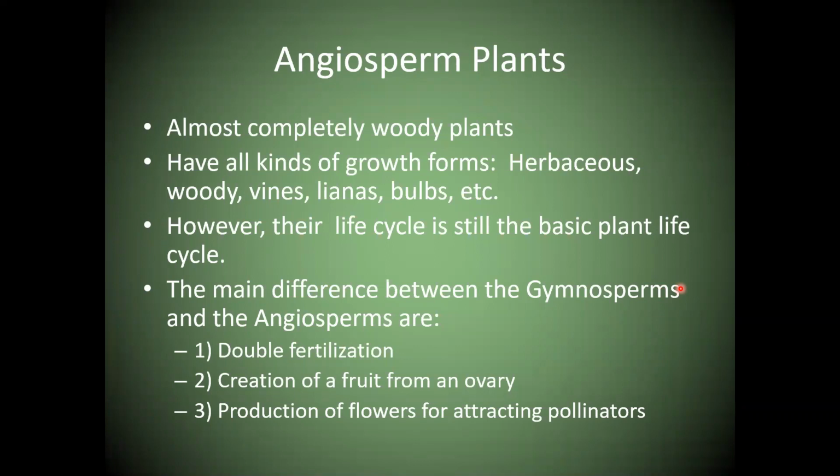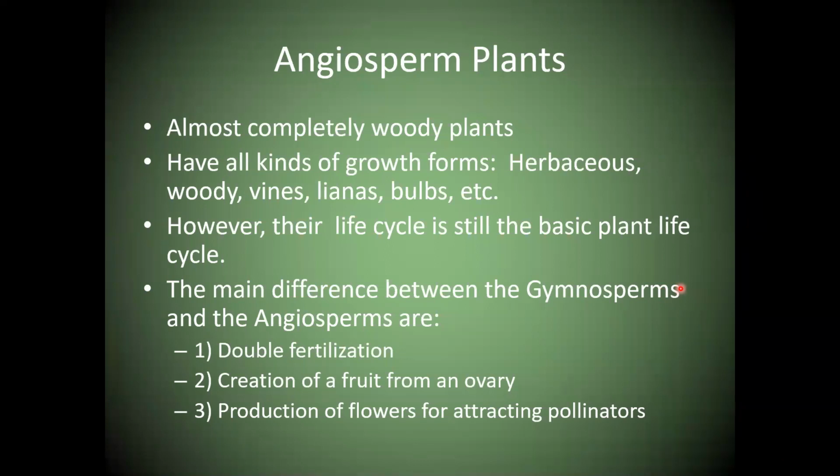The third related difference is evolution of a fruit, right? The flower, upon being fertilized, becomes a fruit, right? The fourth characteristic is actually production of a flower. Yeah, I did mention the flower already.